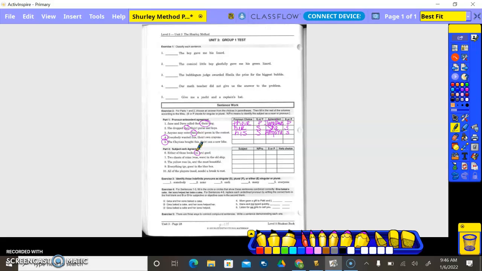Either, right? That's why you have to pick is, because either is singular. It's saying between one or the other. So yes, there are 2 books, but they're only referring to one of them, right? Okay, so either.